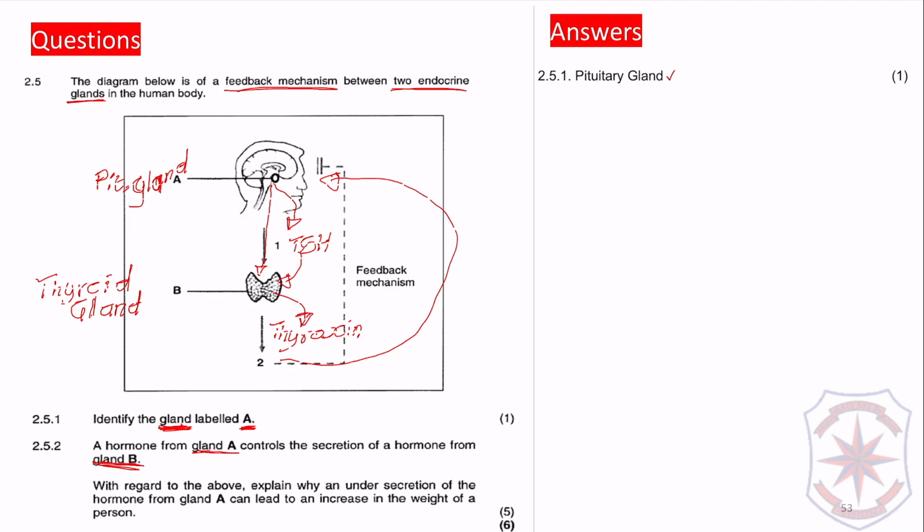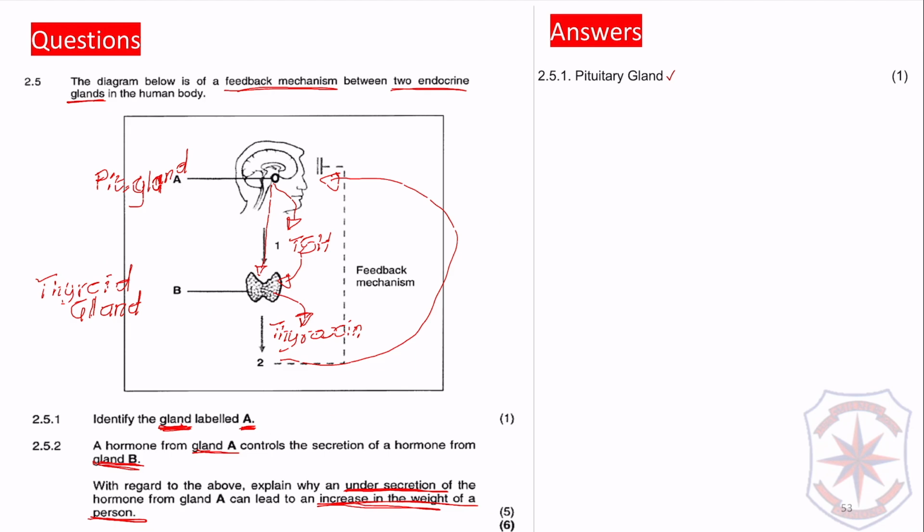What is the question? With regards to the above, why can an under secretion of the hormone from gland A lead to an increase in weight of a person?